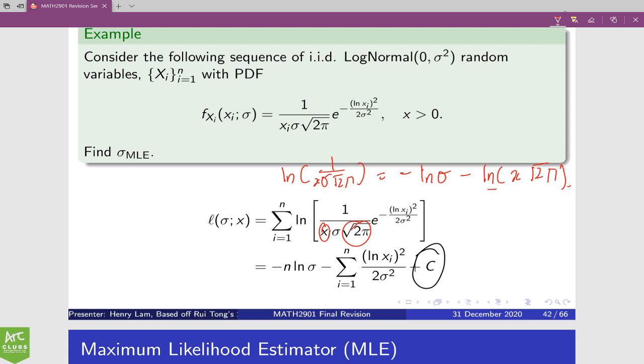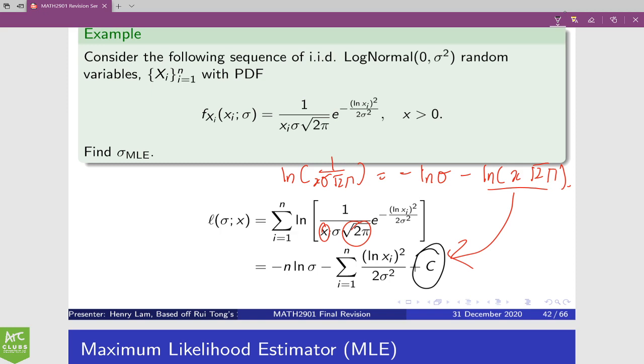I shove all these things into C because it's independent of sigma, and sigma is the only thing I can change. Now I can't do it here with these terms because they completely depend on sigma, so I can't get rid of the ln xi squared. All I really used here was the fact that ln and exponential are inverse functions, so you just end up with the term inside.